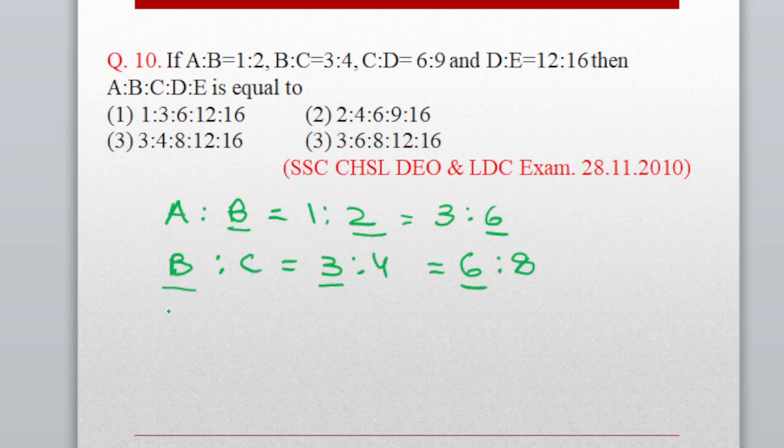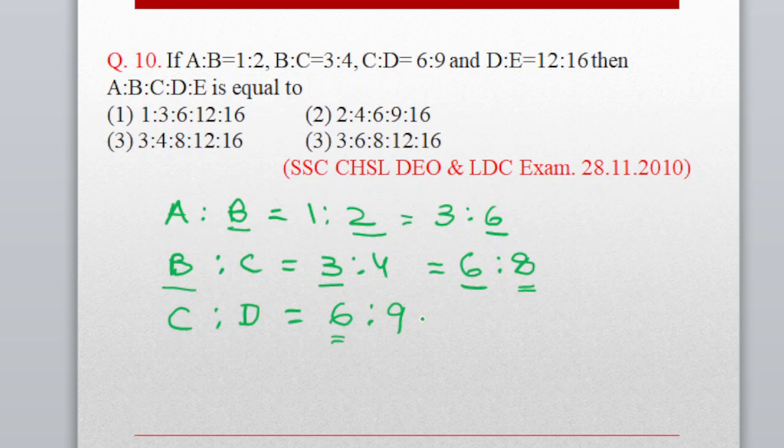Now next, C is to D is equal to 6 is to 9. Now here C is 8 and here C is 6.